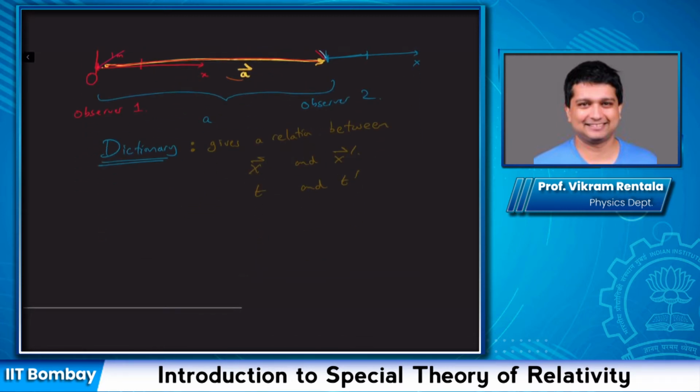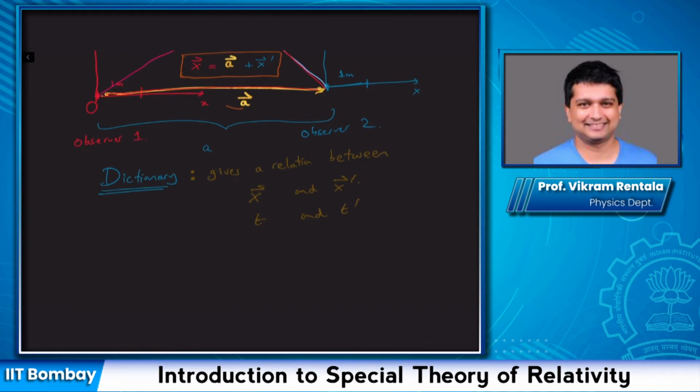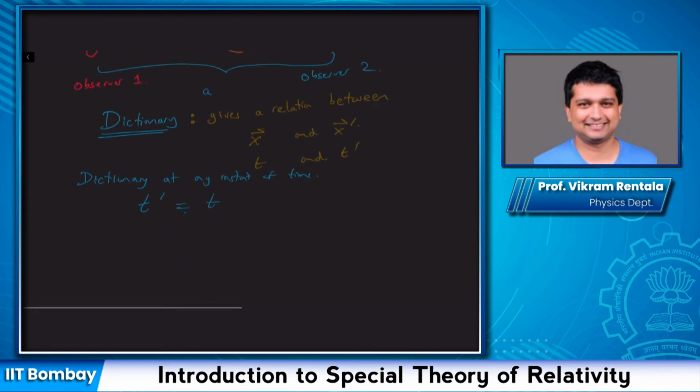So for any instant of time, now we can write down this relationship, and we can say that the dictionary at any instant of time, so this dictionary is always valid, is given by t is the same as t prime.